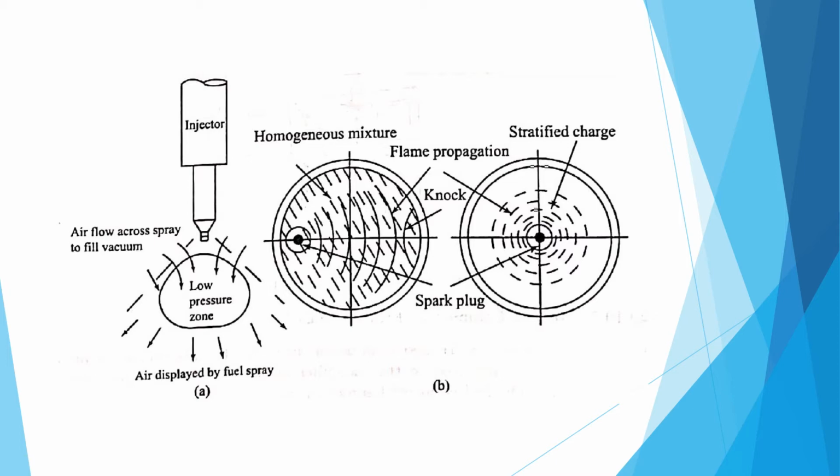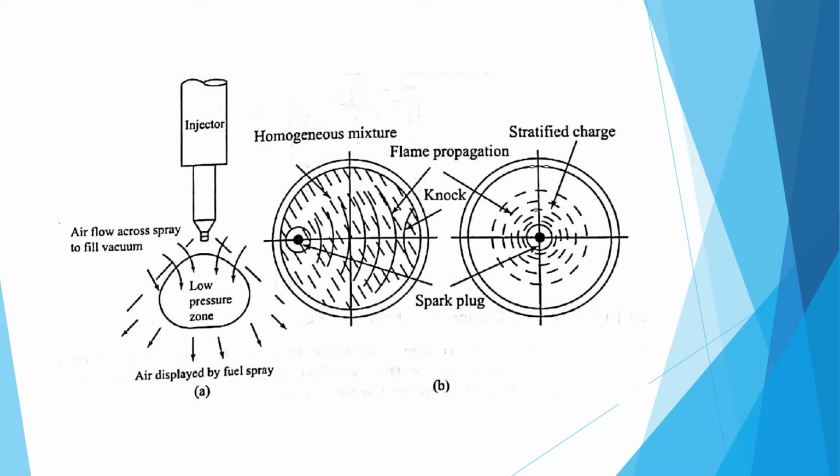This ignitable mixture, which is at or near the bore center, rotates without drifting away from the spark plug. At the same time, it gets mixed properly by the swirling air.